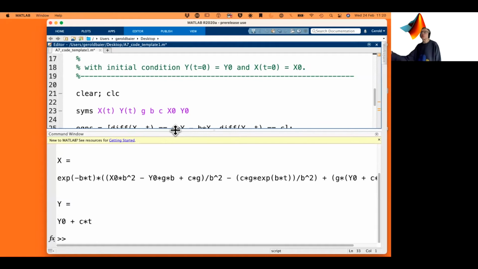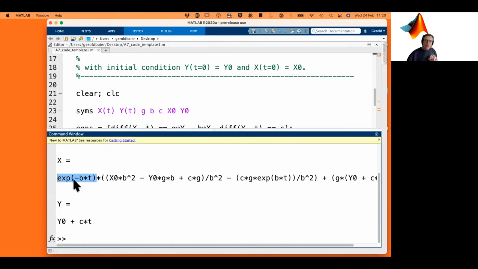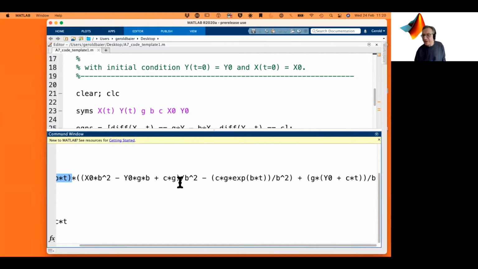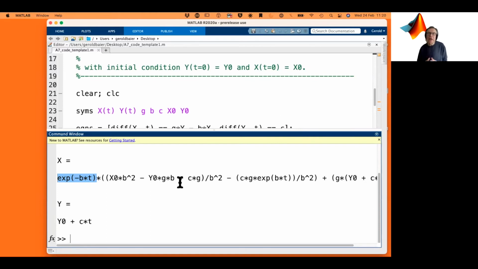And we can see the solution is MATLAB did something, some funny calculation, and rather than being an exponential to the power of minus ct as we had before, now it looks a little bit similar in the beginning, exponential minus bt in this case, but oh my goodness, then so many other things, a very long expression that you get, and something that you definitely don't want to do by hand anymore. That's the solution for the x variable.